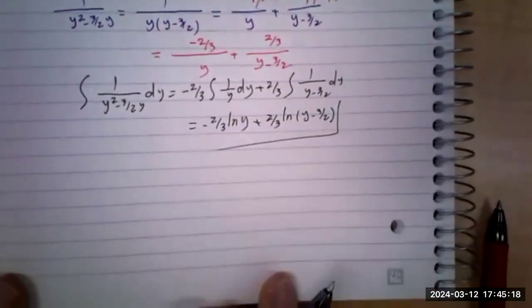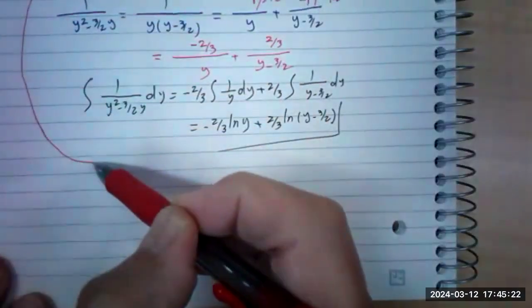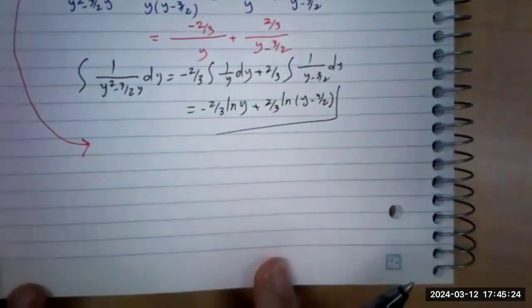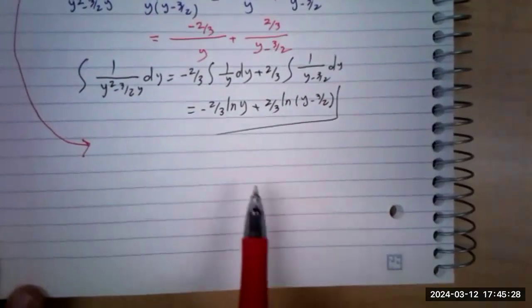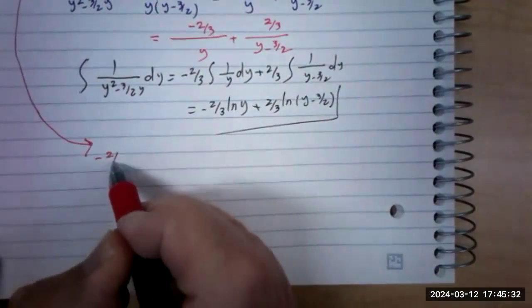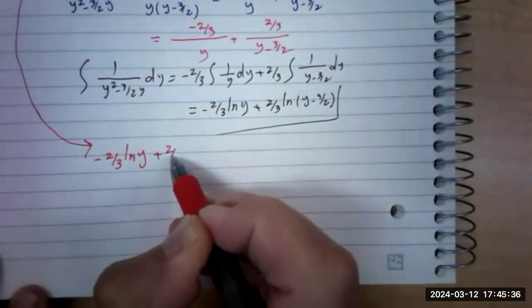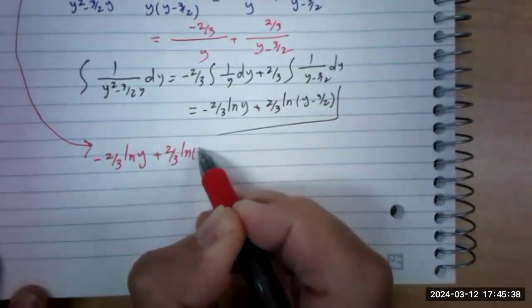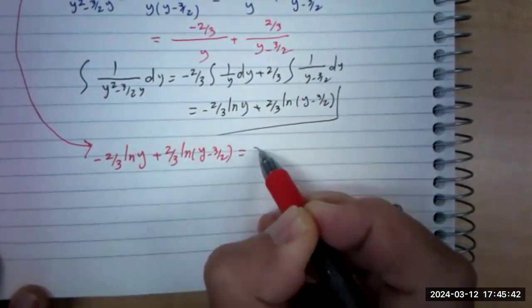This is going to be that integral. So the final answer would be of this format: negative 2/3 ln of y plus 2/3 ln of y minus 3 half is equal to x plus c2.